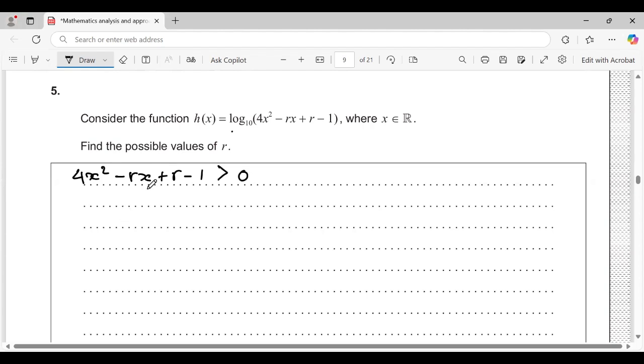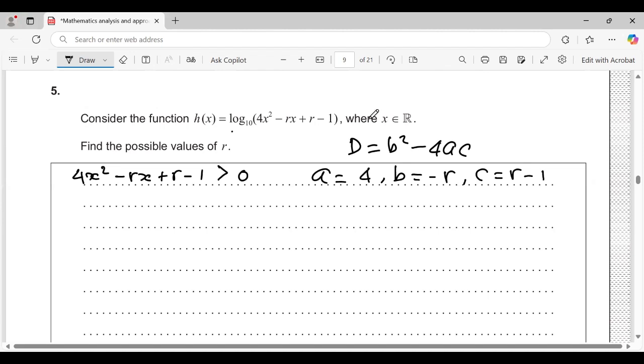And we can determine by the discriminant, but identify first that A equals 4, B equals minus r, and C equals r minus 1. For the quadratic expression, the discriminant is given by D equals B squared minus 4AC.